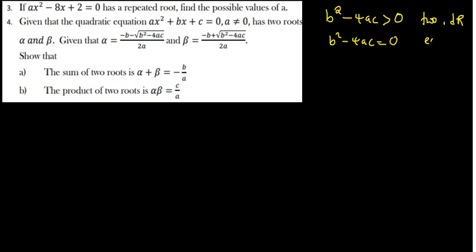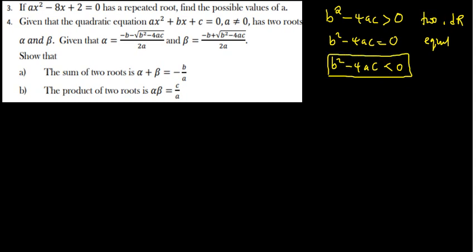So that means there are two equal roots. And then for that equation, if you can't find any roots, it means that b squared minus 4ac is less than 0. So no real roots, or two complex roots. So you don't have any real root, but you have got complex roots for this condition.